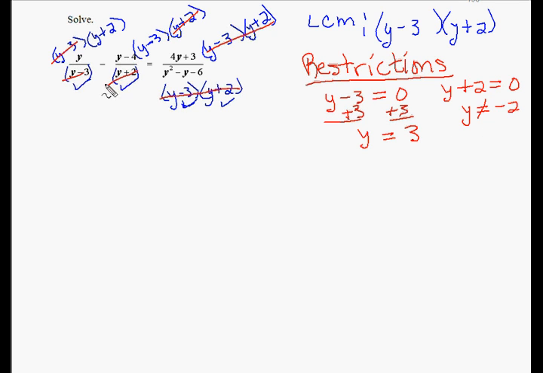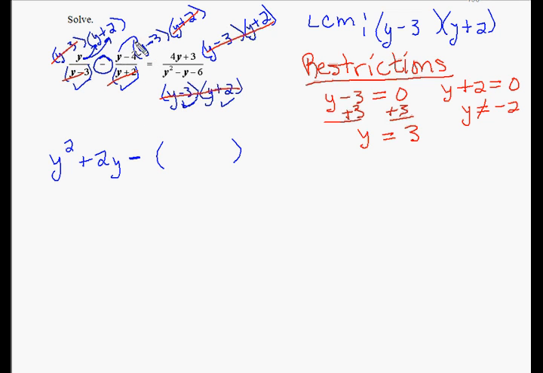Let's go back to our problem and see what we have left. If we use the distributive property, y times y is y squared, and y times 2 is plus 2y. Now this subtraction, beware of subtraction, because that means you have to subtract everything you write after that. So this y minus 4 has to get multiplied to this y minus 3.